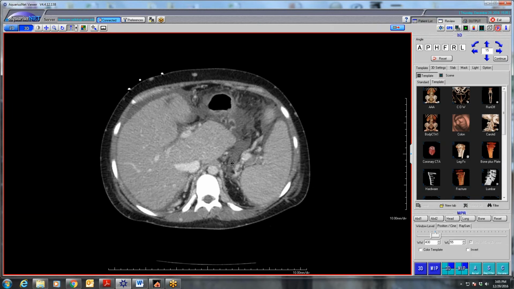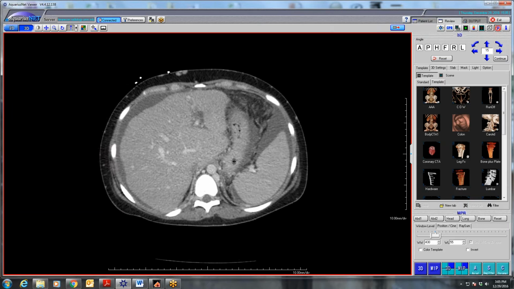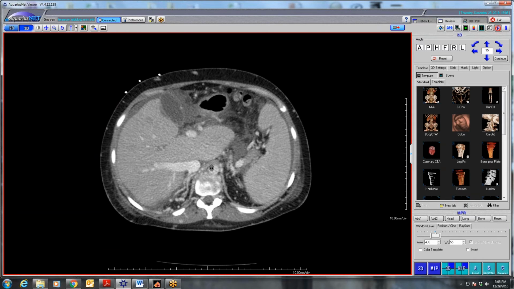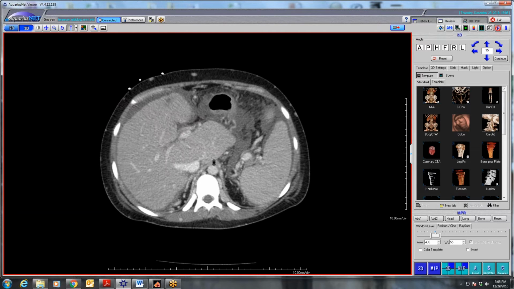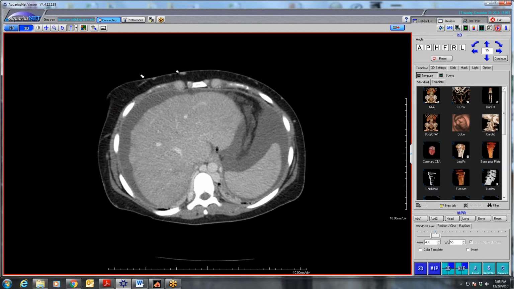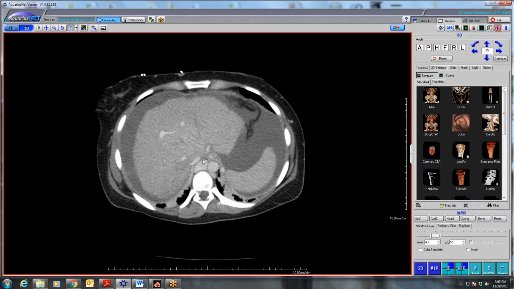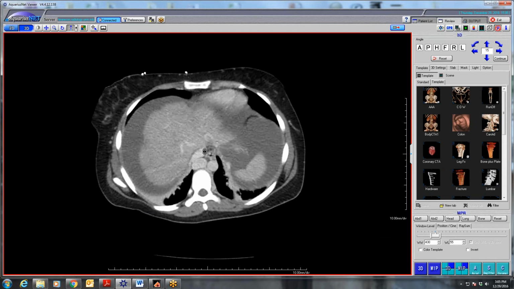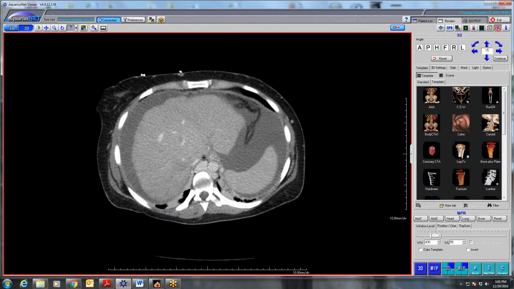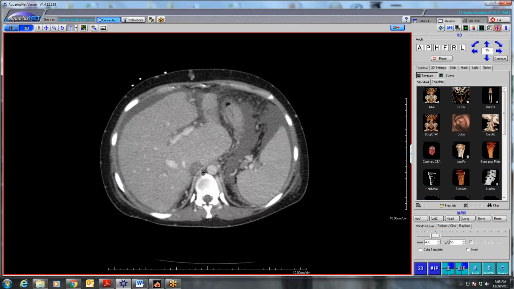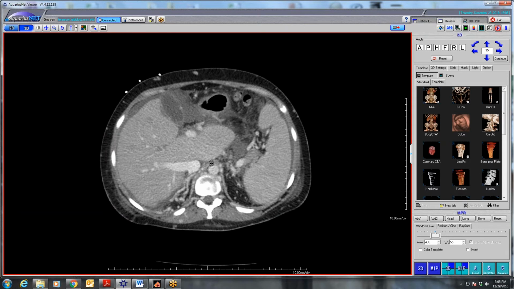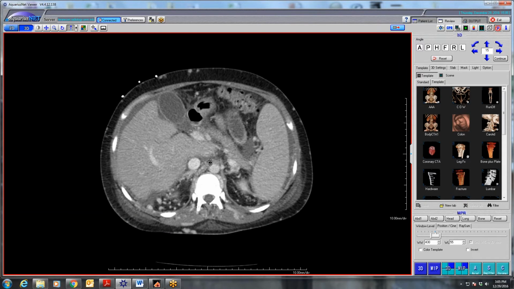What's interesting, if you think about it, is that everything we see filling the infrahepatic IVC comes from the hepatic veins for the most part, although there is some flow into the suprahepatic IVC through some hepatic veins. In fact, this flow into the infrahepatic IVC is retrograde.